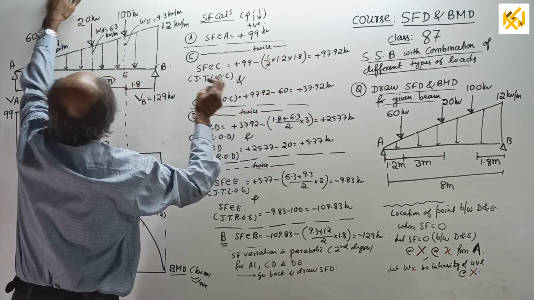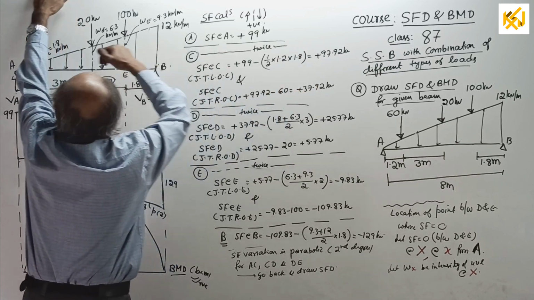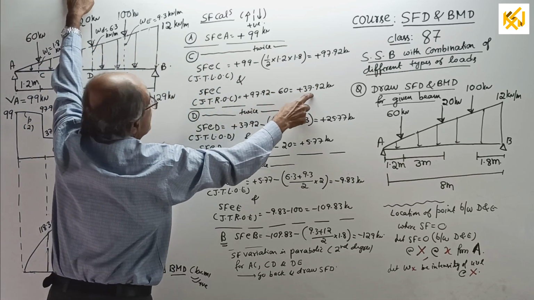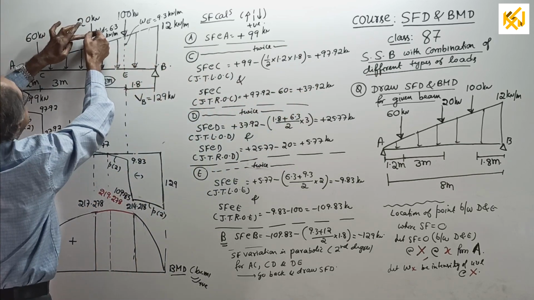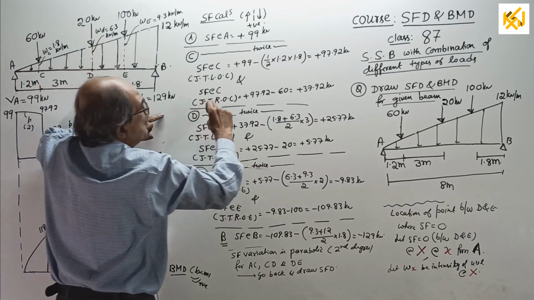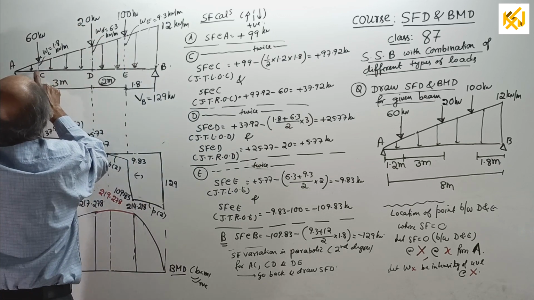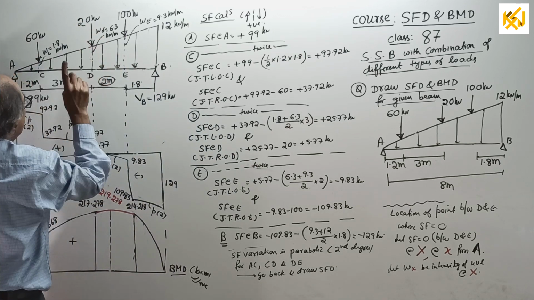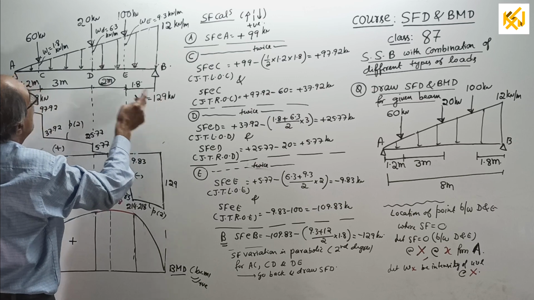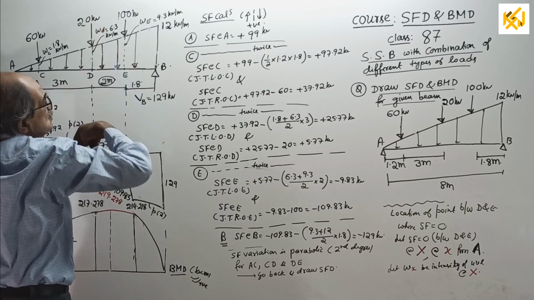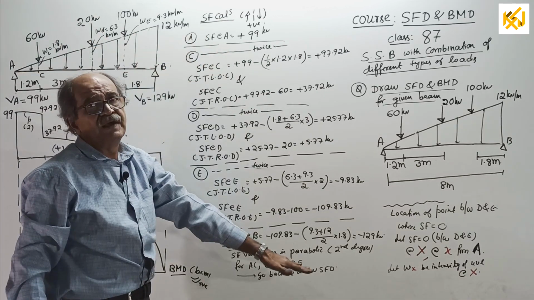Then just to right, whatever you got there, minus 60. You got the answer. Shear force at D, just to left of D, whatever you got, just to right of D, minus this much load. 1.8 plus 6.3 divided by 2 into 3 will give that value. Just to right, minus 20.